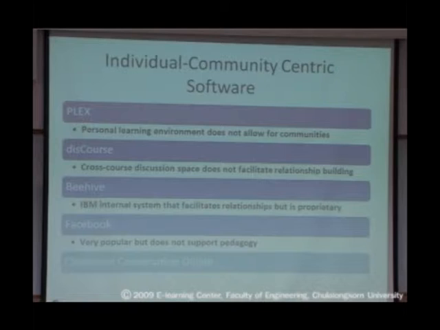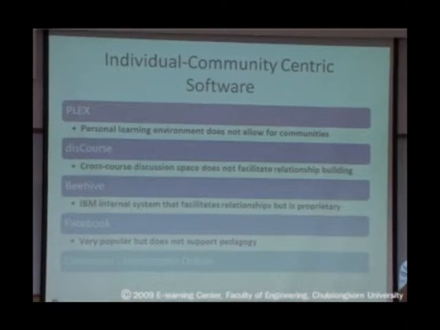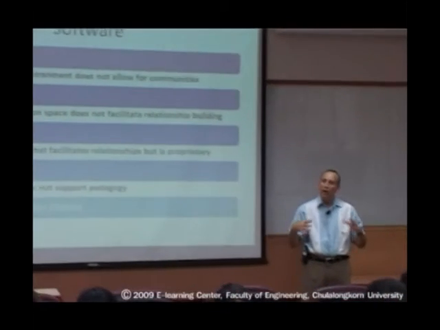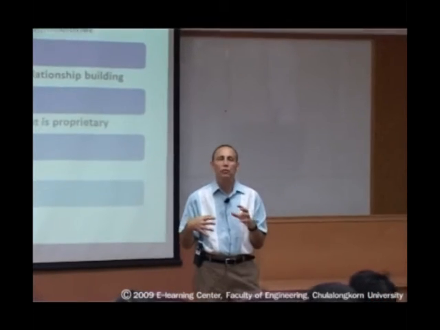The first one is Plex, which is a software prototype that was developed by some researchers in Holland. And the idea of Plex is that they're also focused on that middle bubble, that blue button. And so they developed a system that's very individual-centric.